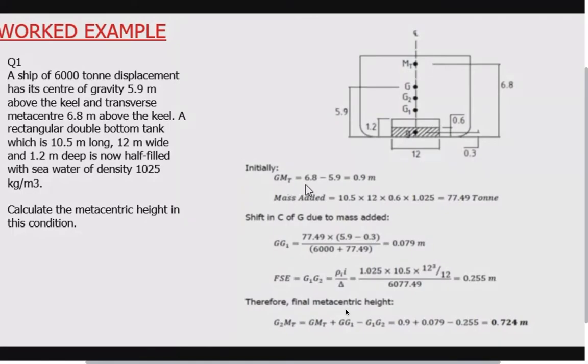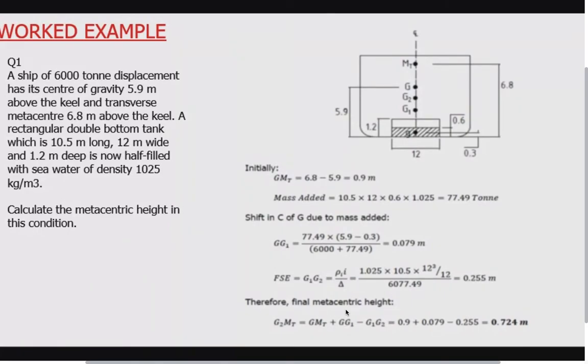So GMT is equal to KMT minus KG. KG, okay.